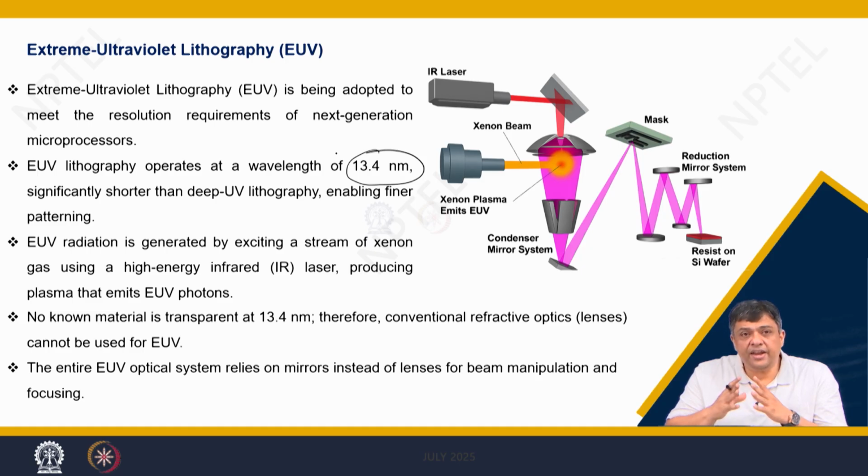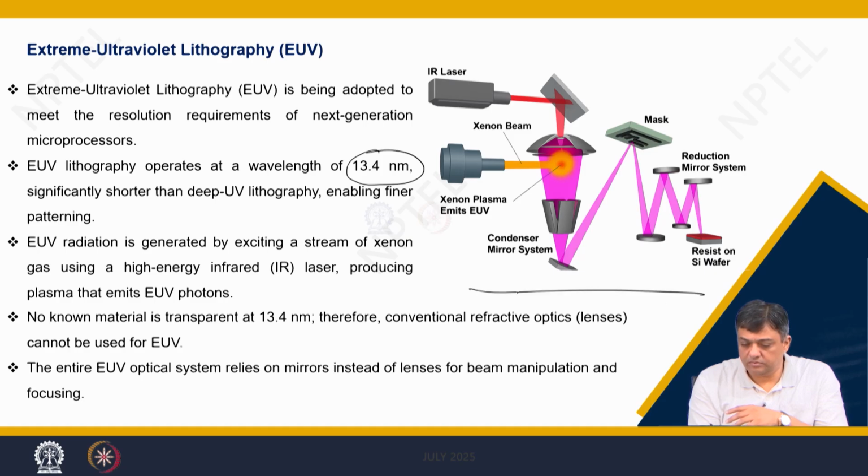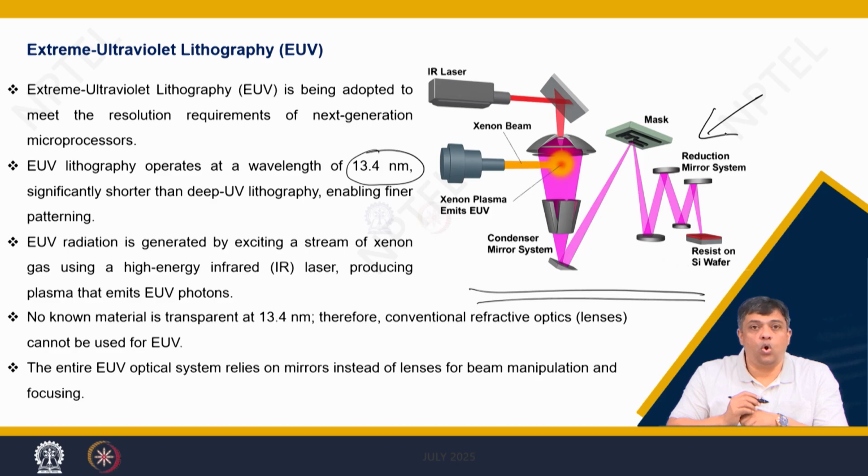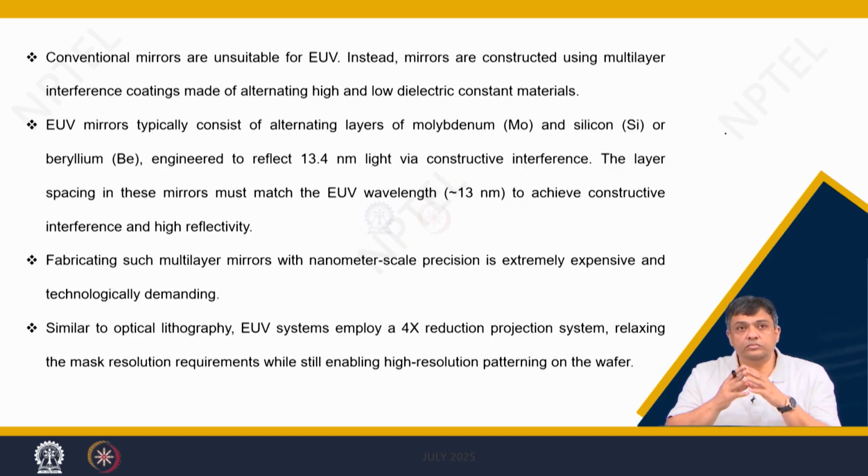As no known material is transparent at 13.4 nanometers, therefore, conventional refractive optics cannot be used for EUV. The entire EUV optical system relies on mirrors instead of lenses. So, it is basically relying on mirrors for manipulation and focusing. These mirrors are mostly made up of molybdenum and silicon or beryllium, which are engineered in a way that they reflect the 13.4 nanometer light.